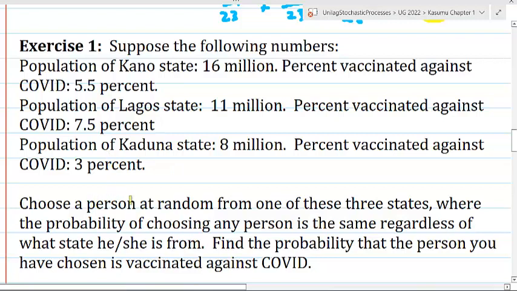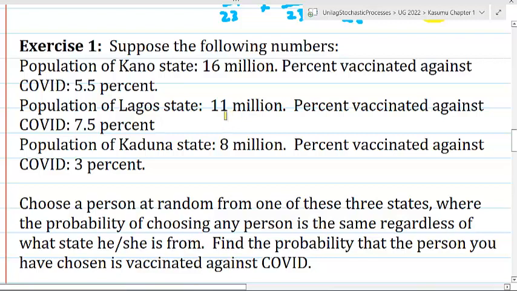So choose a person at random from one of these three states, where the probability of choosing any person is the same regardless of what state he or she is from. Since there's 16 plus 11 plus 8, that is 35 million people in these three states, the probability of any particular person is 1 over 35 million.